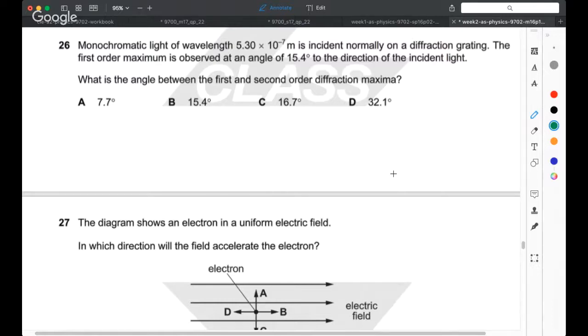Let me see. Can put it two ways. So if I give you this, how will you solve this then?